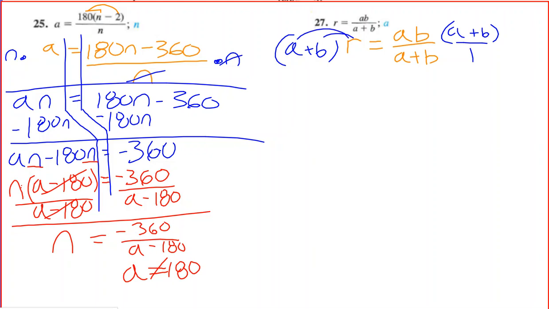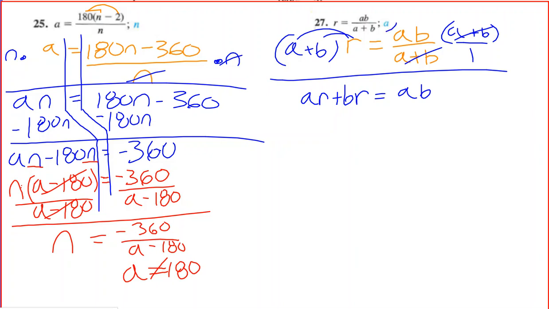let's go ahead and distribute this. And so I will end up getting AR plus BR is equal to, well, A plus B divided by A plus B is 1, so we get AB. All right. So now, again, we're trying to get the A by itself, so we need the A's on one side of the equal sign, even though I can't combine them.